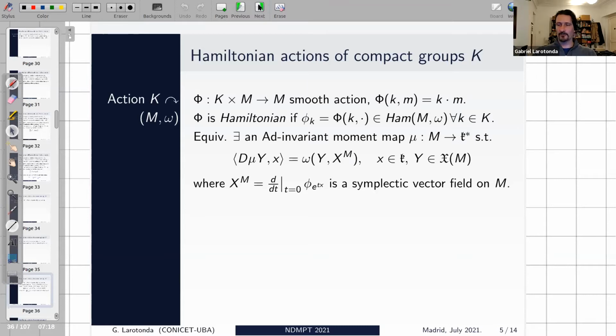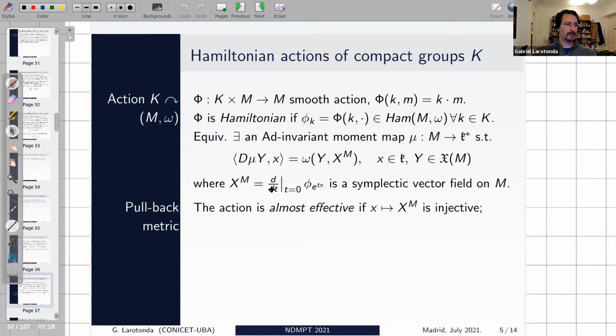Most important for us will be considering almost effective actions, which means that it does not necessarily mean that the action is injective in this map, but its differential is injective. So we want this assignation from a vector here in the Lie algebra of K to the vector field X_M to be injective.